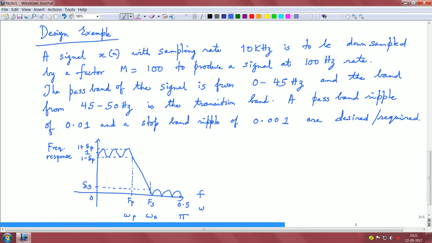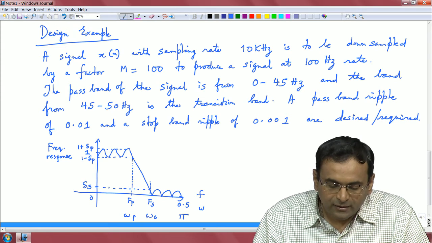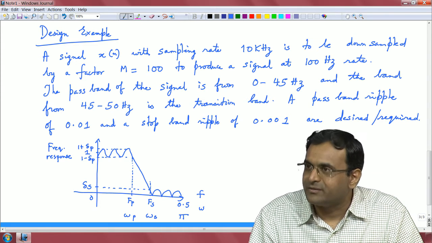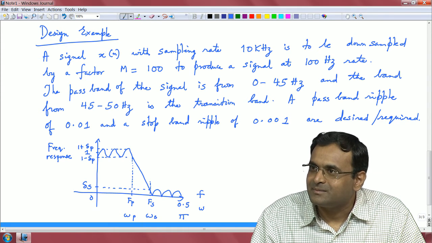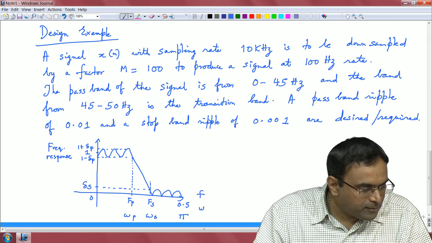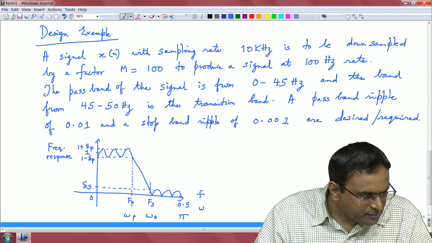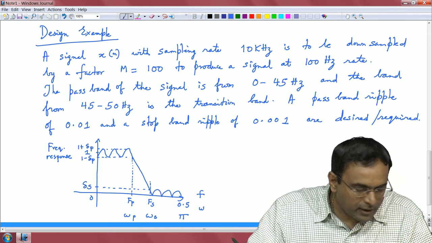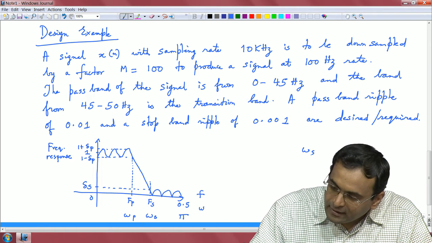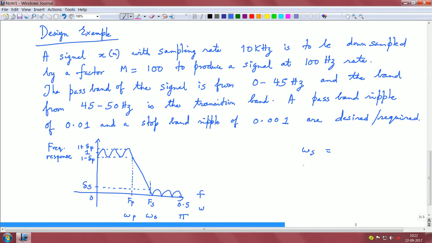So, the first and foremost step that you will have to take is to estimate the filter order. We are given certain quantities: omega s and omega p.